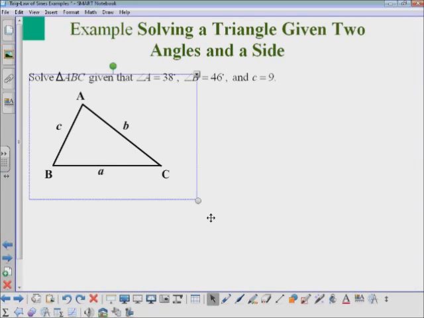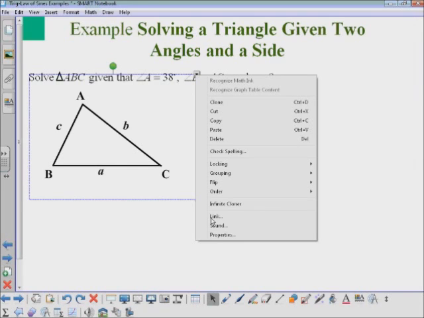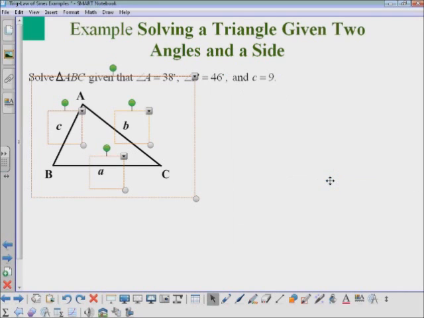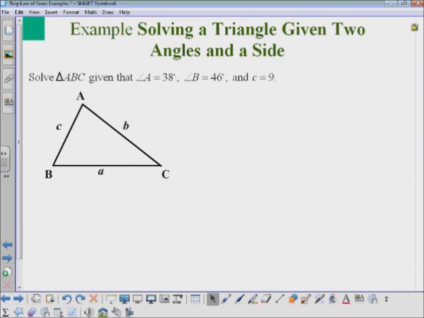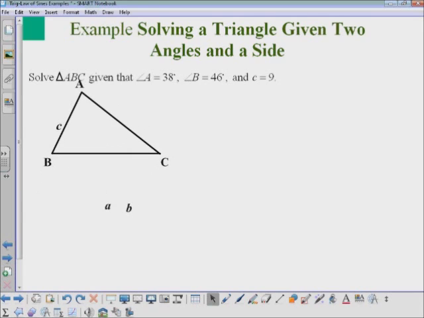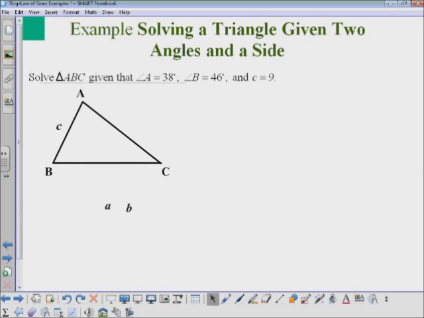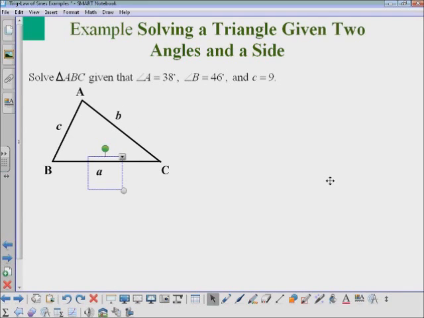Let me, wait, I didn't want that. Grouping, ungroup it. Okay, I shall go ahead and keep the labels that are there. Oops. Well, you know what? I'll do this. I'll keep these guys here. But I'm going to do this.